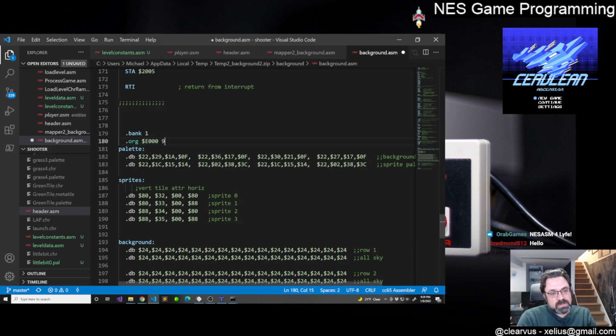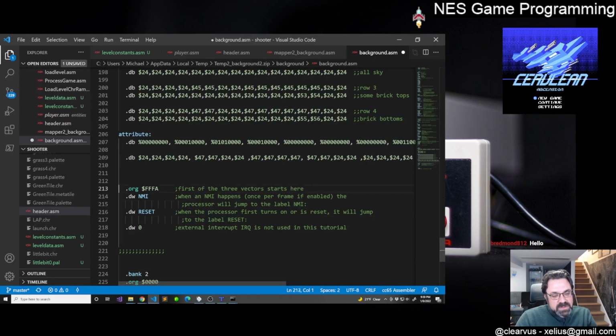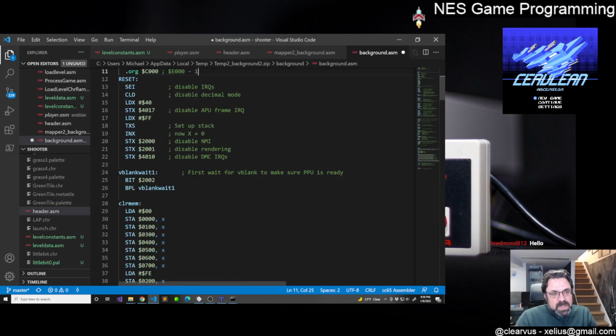And so this goes from E000 to FFFF, which means that he can put the data for the example here, and then when he's done with all of that, he just says, okay, at FFFA, let's put these addresses for the vectors, right? So that's why that's organized this way.